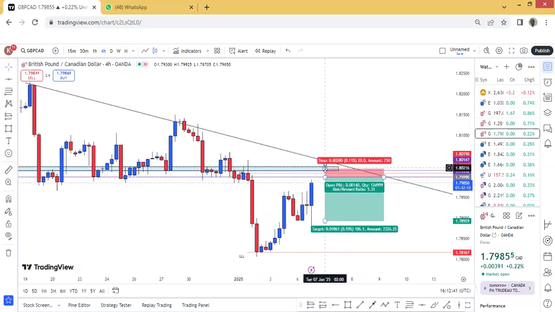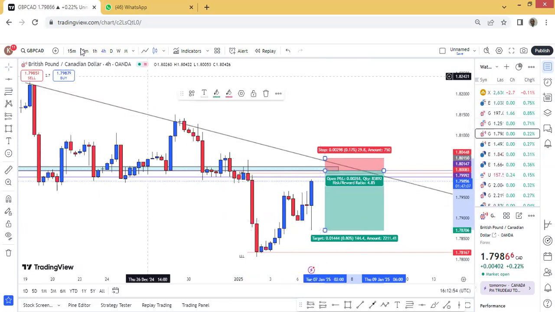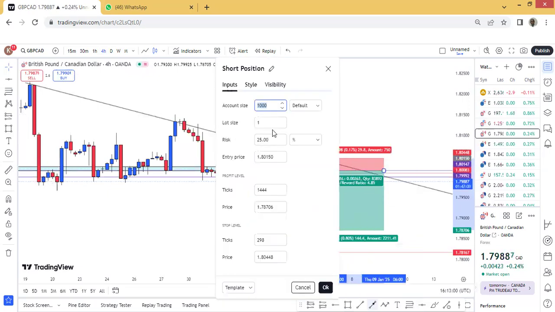You get it? And then our stop loss will be above the trend line, and then we can target this place. But yeah, that's it. I usually don't want mine. So let's do a 25 pip stop loss.